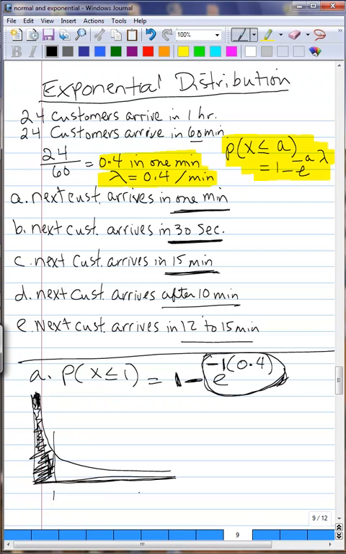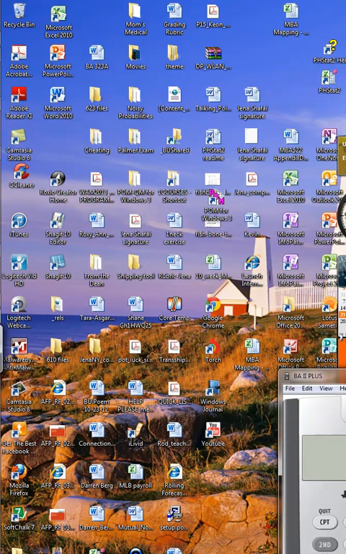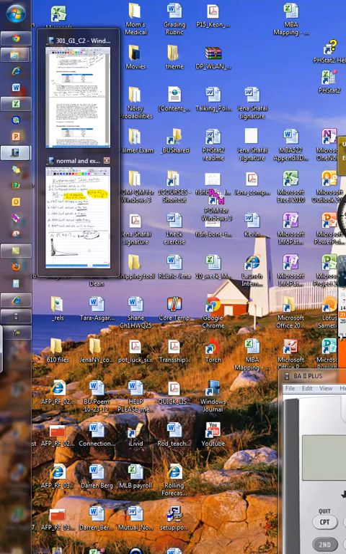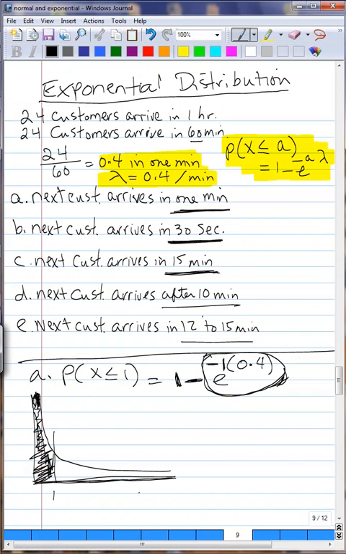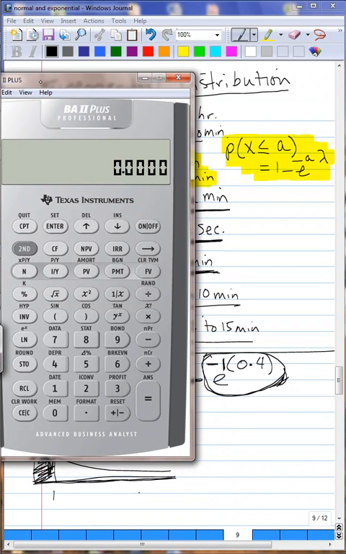Okay, so I'm going to put negative 1, push the plus minus sign to make it negative, times 0.4, and that's negative 0.4.